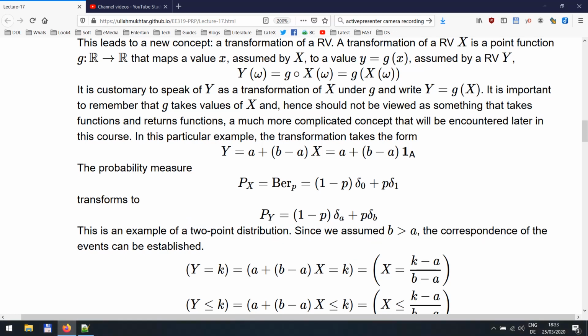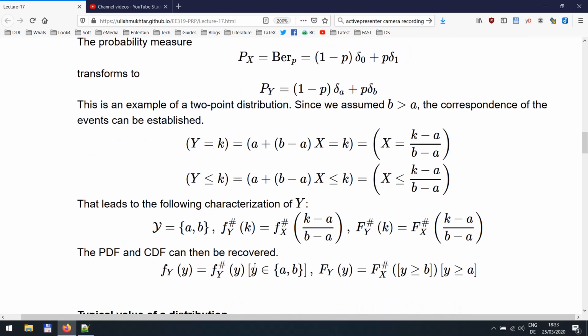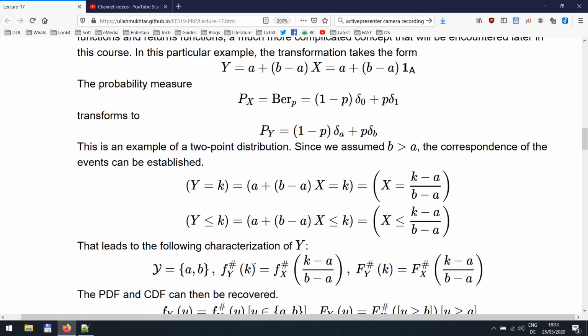And let's see something interesting here. We're not yet done. We have only expressed the probability measure in terms of two Dirac measures. We want to know the probability density function, the cumulative distribution function, and so on. So if I want the discrete density of Y, how will it go?